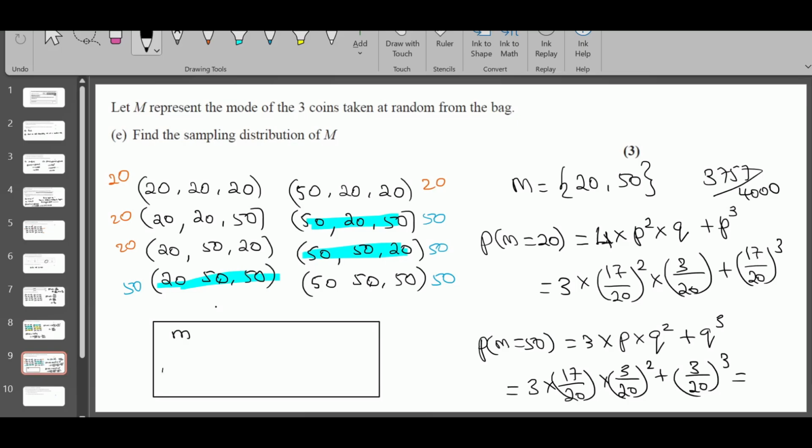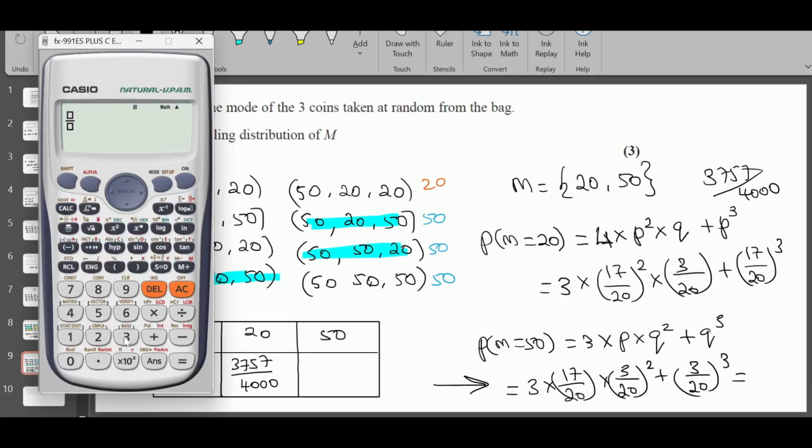Small m, P of capital M equal to small m. M takes 2 values, 20 and 50. For 20, the probability is 3757 over 4000. For 50, you can put it as 1 minus, but it's still better to verify whether this step is correct.